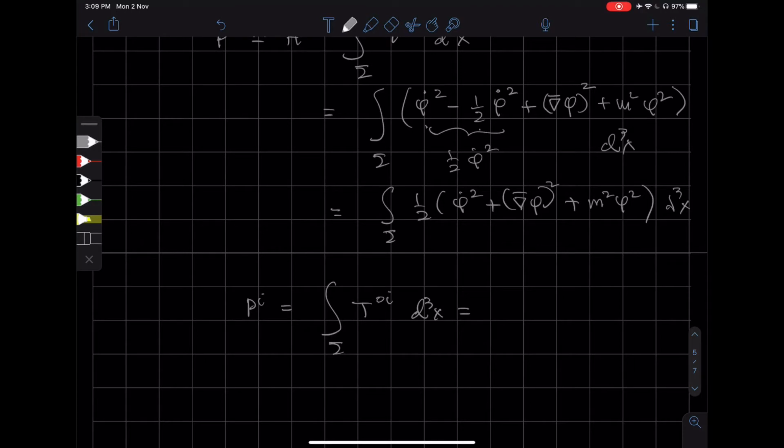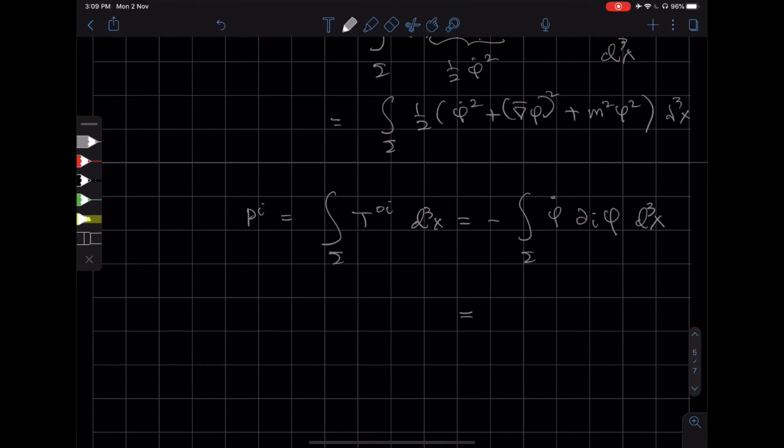And it's easy to see that this is nothing but minus phi dot, the spatial derivative of phi, and if you use the definition of the canonically conjugate momentum, this becomes pi. This is just pi, and then the spatial derivative of phi. This is the expression for the conserved momentum.